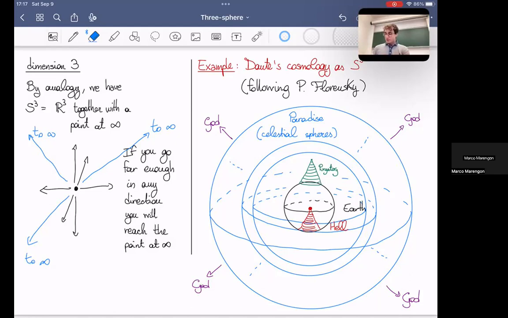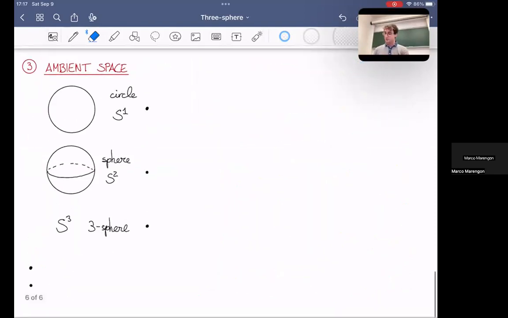Okay, so now before concluding, I just want to mention one more thing. That is that somehow all the spheres that we have talked about, the circle, the sphere proper, and the three sphere, seem to live in some other space. So let's consider the circle first, S1.